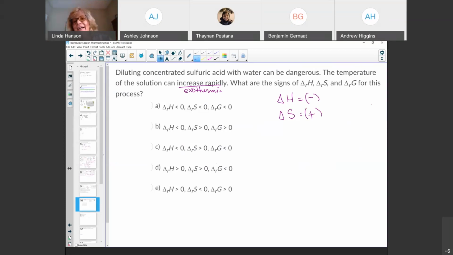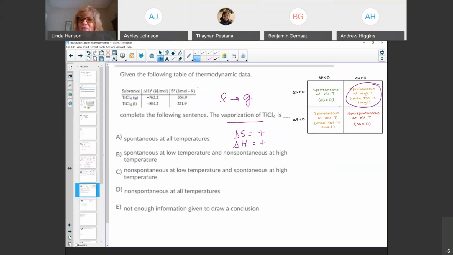Therefore, exothermic is a favorable reaction. Positive entropy is a favorable reaction. We now know the sign on delta G, guaranteed. Remember, that's this right here. If we have positive entropy and negative enthalpy, we're in the first quadrant, this is always, always spontaneous.